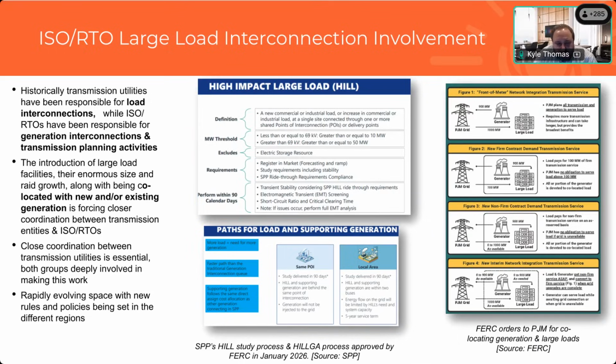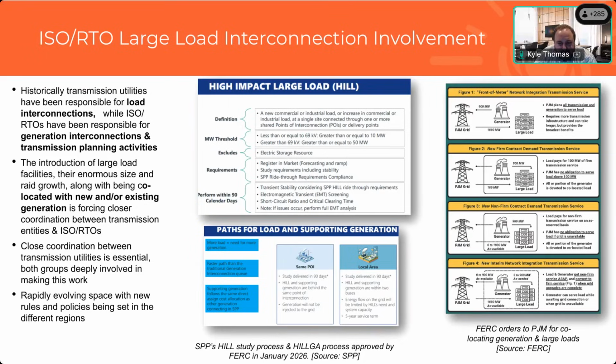But it's also starting to blur the lines between, okay, well, this is a large load interconnection, but now we're also adding generation, or we're impacting the transmission planning substantially enough that the ISO RTO needs to be involved as part of their key roles to support the generation interconnection and resourcing and the transmission planning aspect.